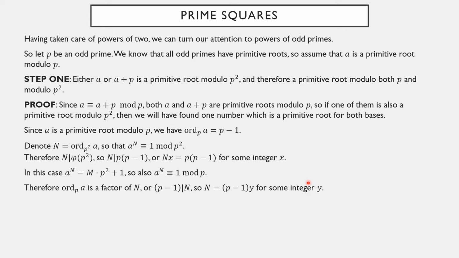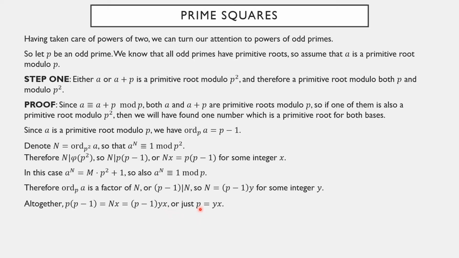Now I'm going to combine this representation of n with this representation of n times x. So altogether, p times p minus 1 is nx up here, but n was p minus 1 times y. So by cutting out the middleman, I get p times p minus 1 is p minus 1 times yx, and this is just equality as integers, and I can cancel out the p minus 1.